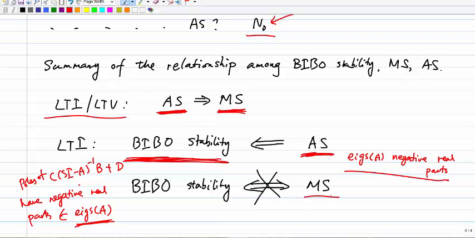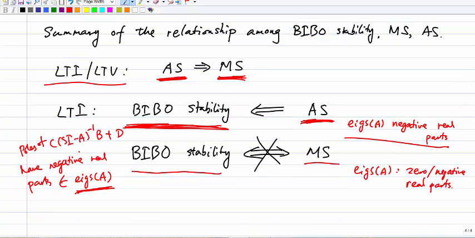However, the marginal stability and the BIBO stability, they don't have a direct relationship. Okay, because for marginal stability we can allow the eigenvalues of A to have 0 real parts or negative real parts. Of course, for marginal stability, those with 0 real parts should have the same algebraic multiplicity and geometric multiplicity, but it allows 0 real parts. But for BIBO stability, it does not allow 0 real parts in general.